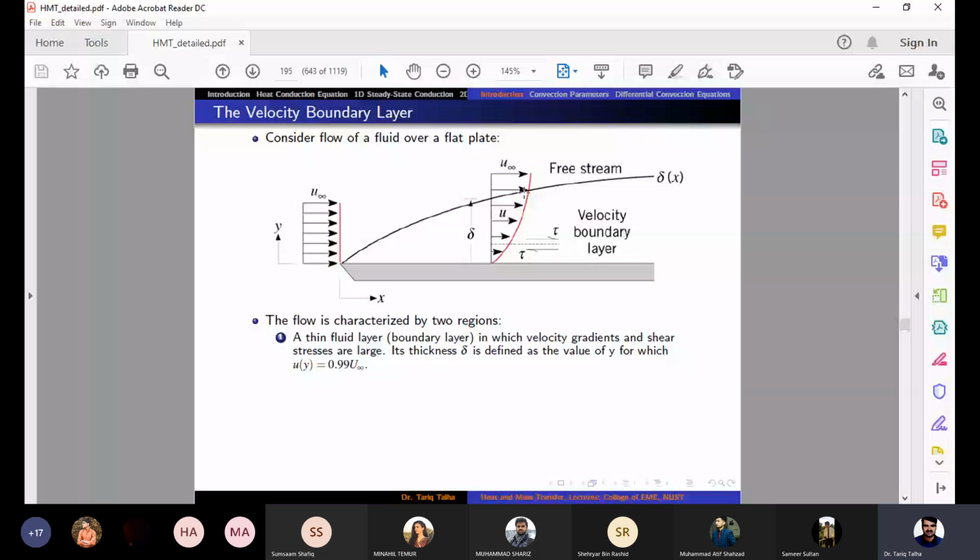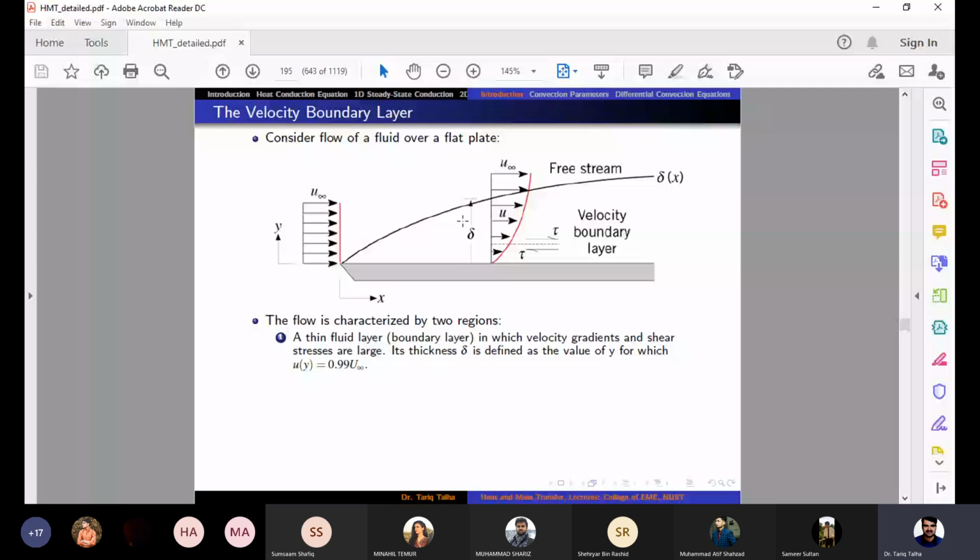At a certain distance away from the wall in the y direction, the molecular velocity becomes equal to 9.9 meter per second, which is 0.99 of the free stream velocity. That distance or thickness is called the boundary layer thickness, and it is shown by delta.